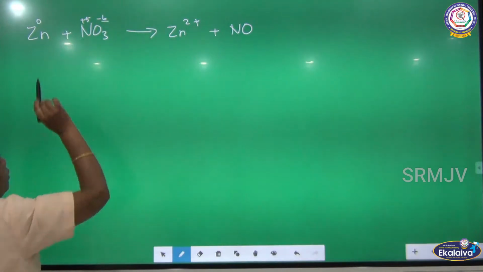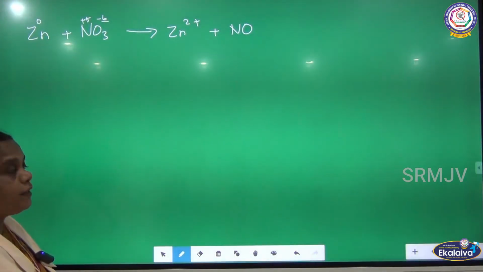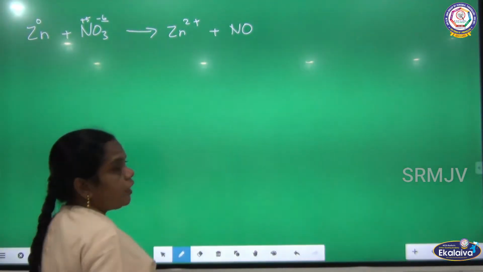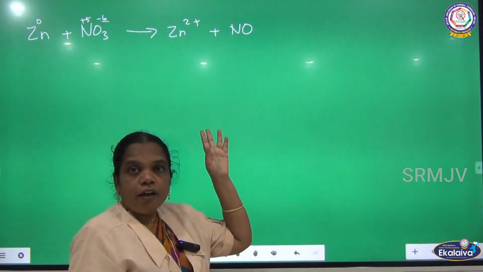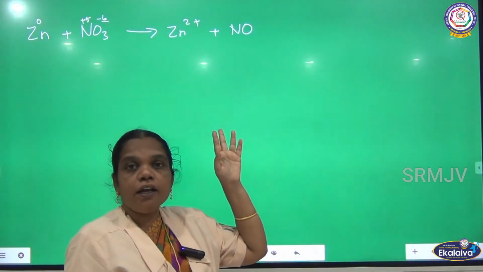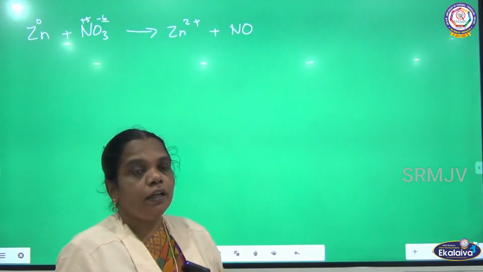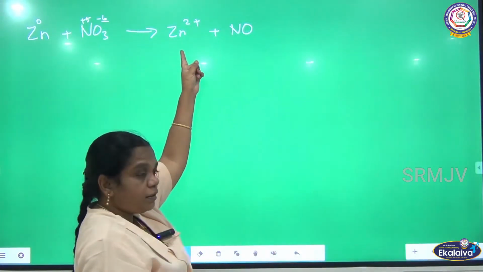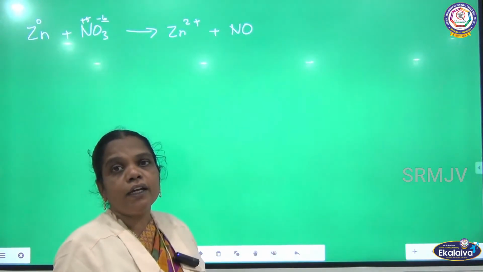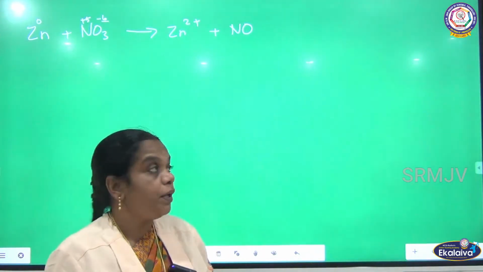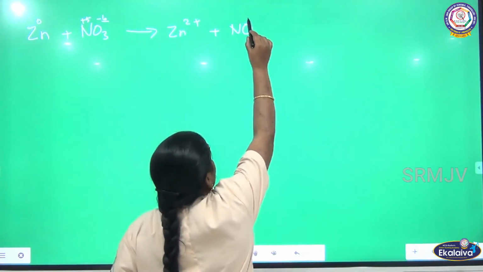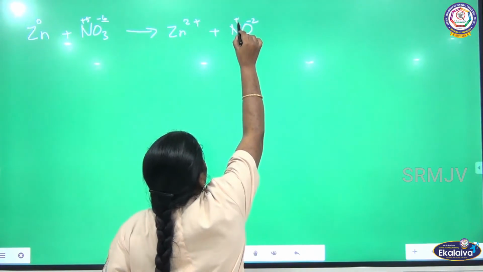Plus 5, you have to add 1, means plus 6. And next, already given in the ionic state. Whenever the ionic state is given, the charge of the ion becomes the oxidation number. Now the zinc 2 plus ion, the oxidation state for zinc 2 plus ion is plus 2. And next this one minus 2 and plus 2.